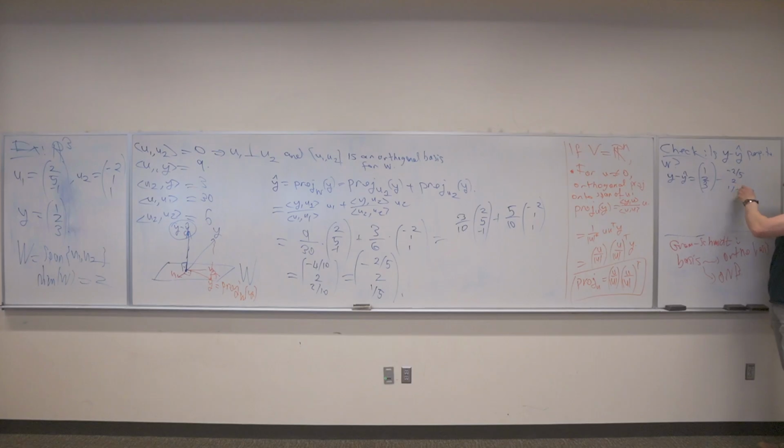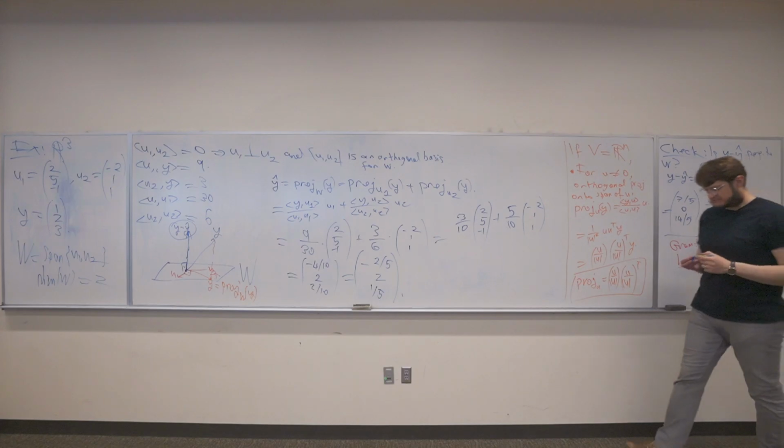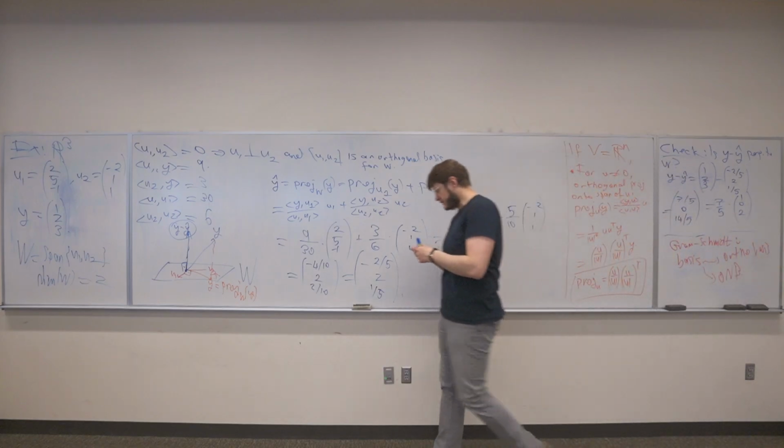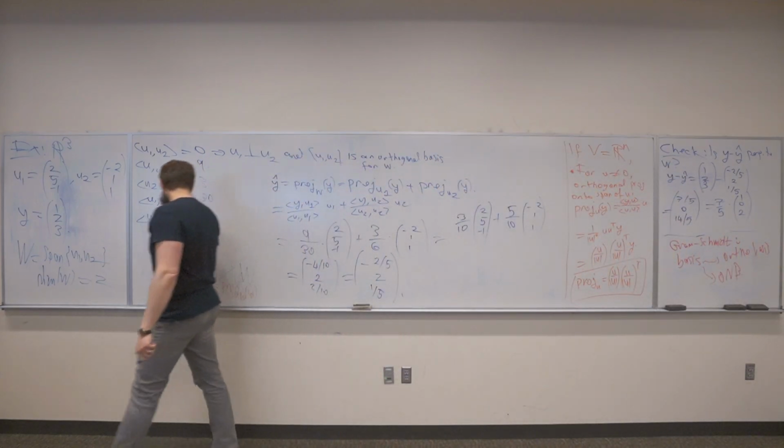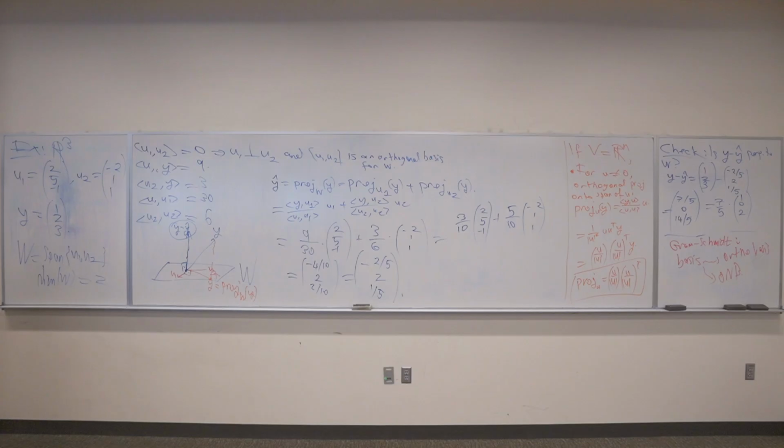So that's 7 over 5, 0, and then 14 over 5, which is to say 7 over 5 times (1, 0, 2). Okay? So I want to see if this guy is in the orthogonal complement of W.